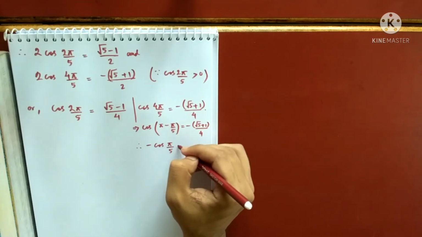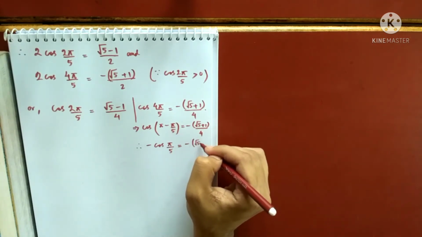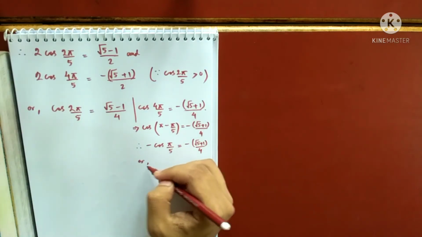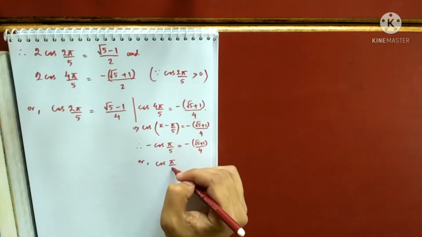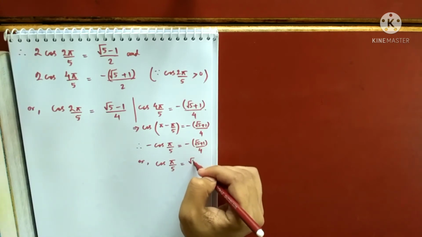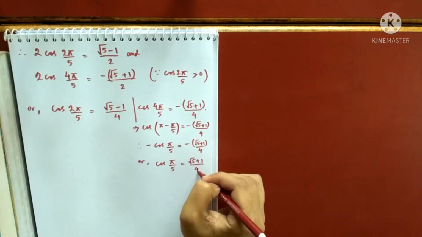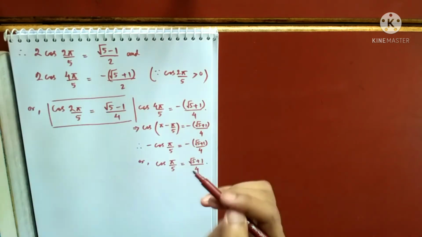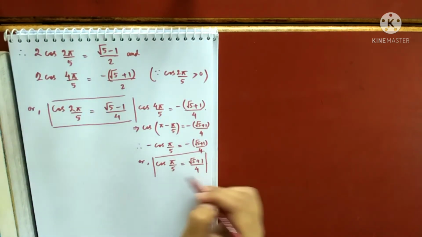So this happens. So what is the value of cos pi by 5? It is root 5 plus 1 by 4. So you have determined the value of this, and you also determine the value of this.